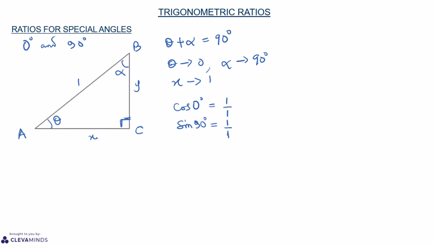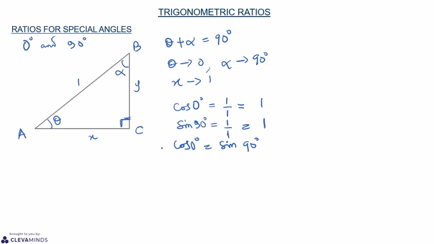But for cos, it will be adjacent over hypotenuse. Do you understand? Good. So this is 1 and this is 1. This is the reason why cos 0 degrees equals sine 90 degrees. Please take note of that, right?